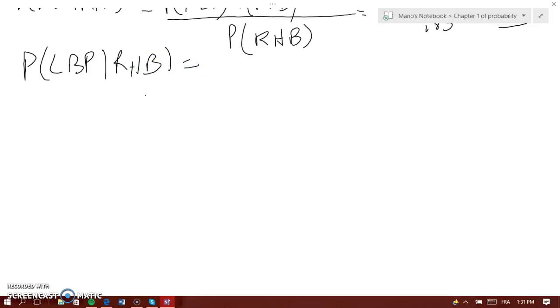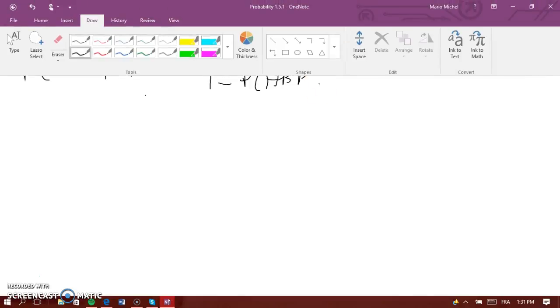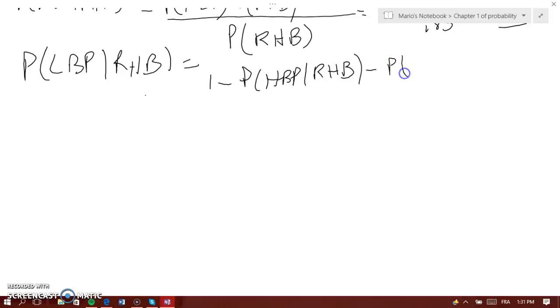And that would equal, again using the inverse formula, 1 minus the probability of high blood pressure given regular heartbeat minus the probability of normal blood pressure given regular heartbeat.